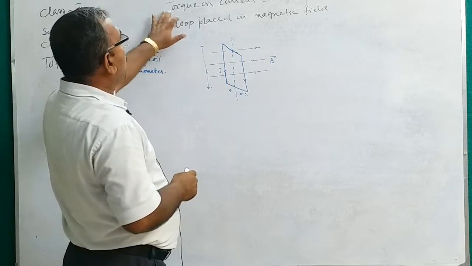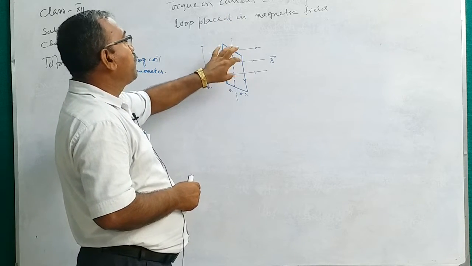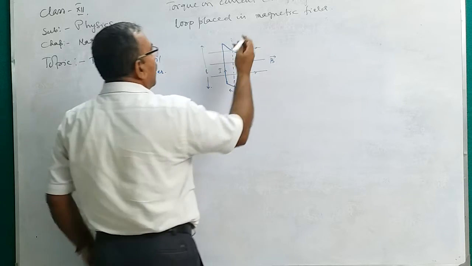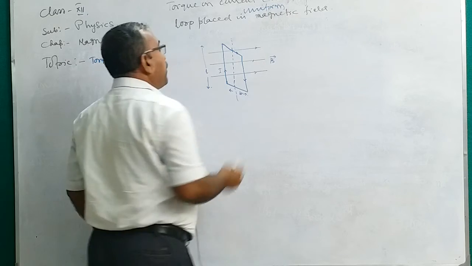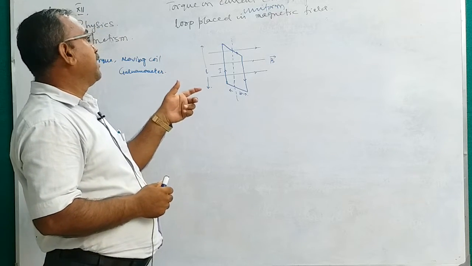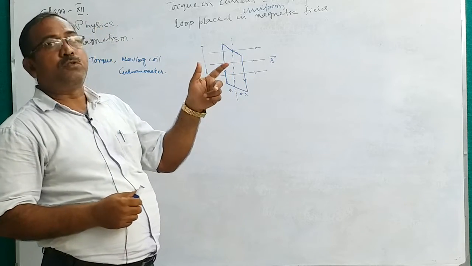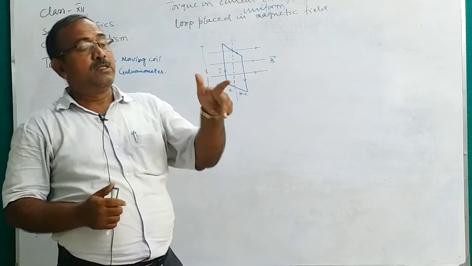Torque on a current carrying rectangular loop, not a circular loop, placed in a uniform magnetic field. The magnetic field and the current are there, so it creates some force according to Fleming's left hand rule. You know it.